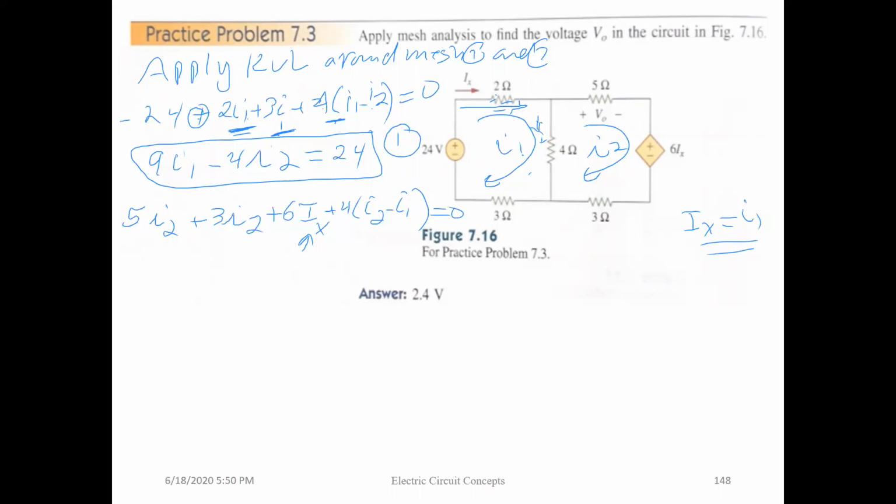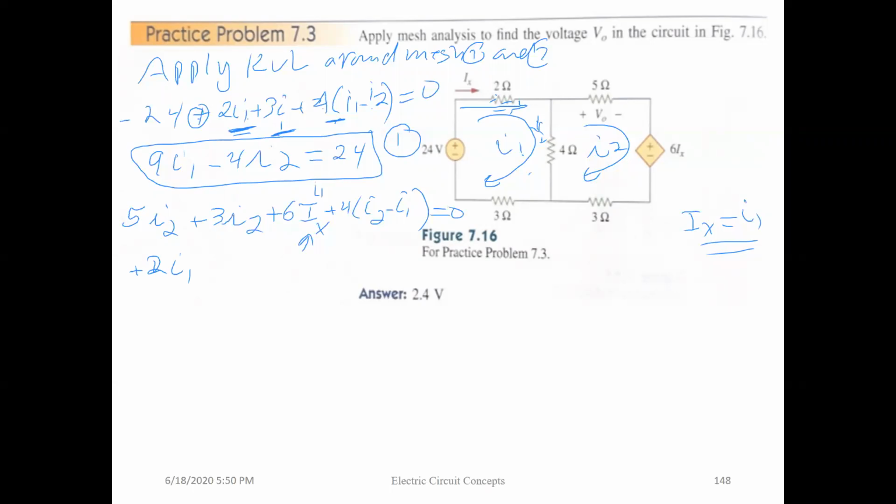Now we plug in ix is equal to i1, and then we collect the terms. So we have 6 and negative 4 i1, so it will be plus 2i1.